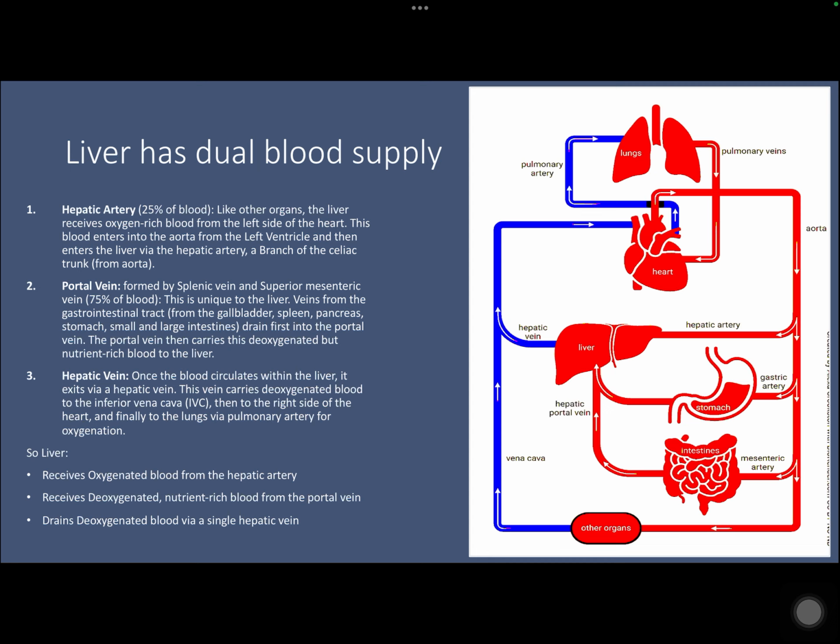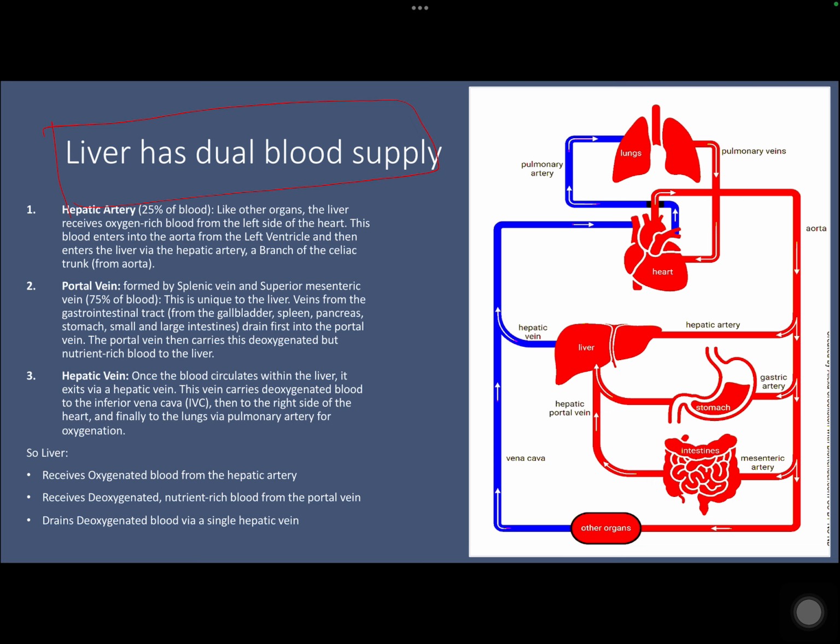Now, before going into detail about the blood supply through the hepatic sinusoids, through the portal vein and this portal triad, first we should understand that the liver has a dual blood supply. What is the meaning of dual blood supply?